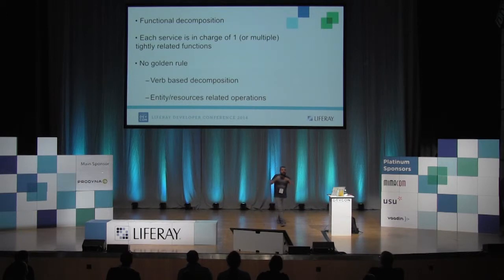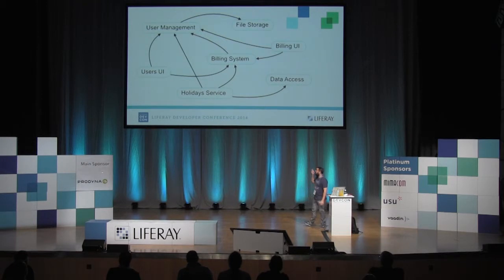There is no, okay, you need to split this way or that way, and many people follow many different approaches. You can do verb-based decomposition, you can do entity or resource decomposition, you can do it the way you want. There is no golden rule. And you end up with something like this: you have different pieces, and they talk to each other in many different ways.